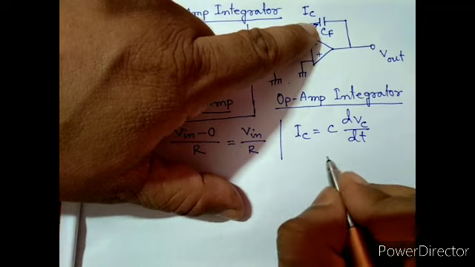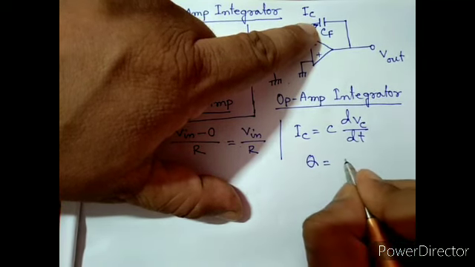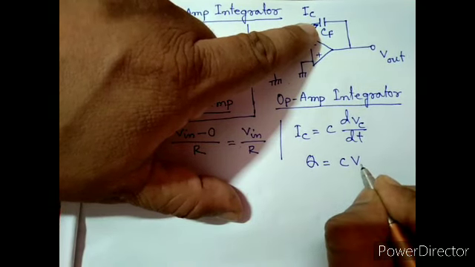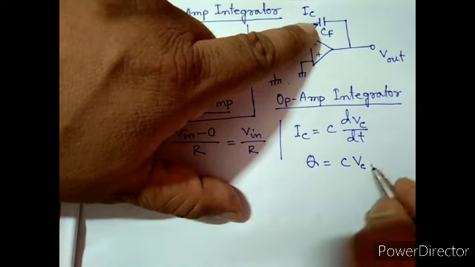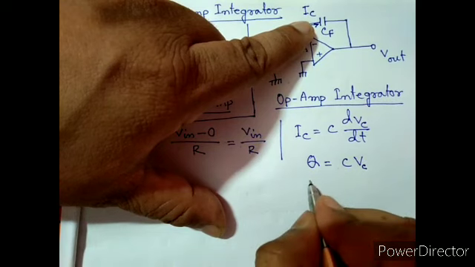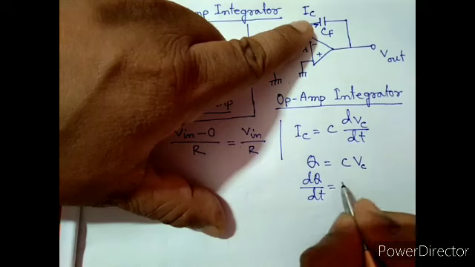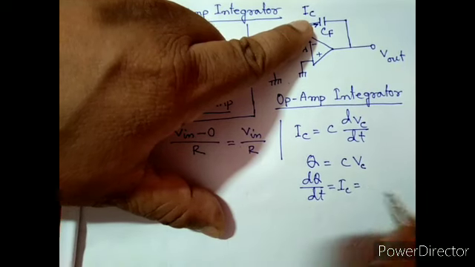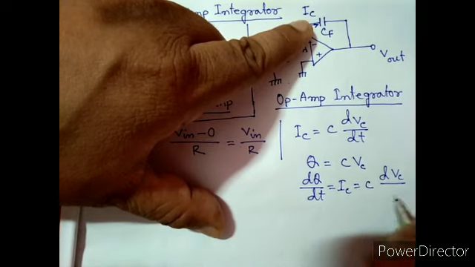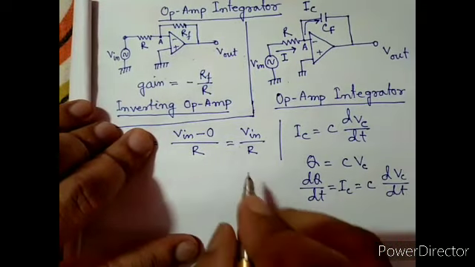We know the charge in a capacitor Q equals C into V, and V we are representing here as Vc. The current passing through the capacitor is dq by dt, that is IC equals C dVc by dt.